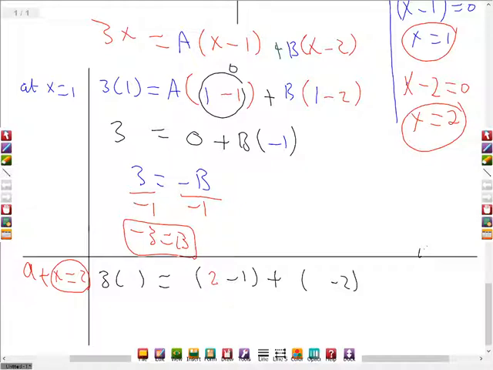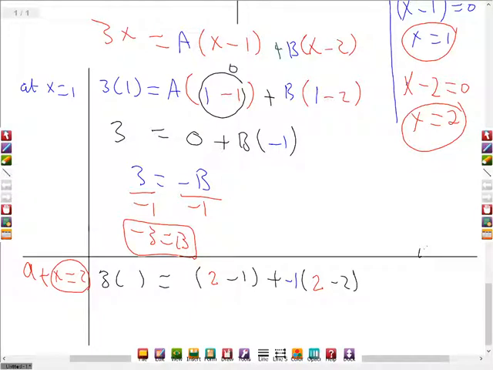And here we know b equal how much? Okay, b equal -1 and x equal 2. Right? X here is 2.